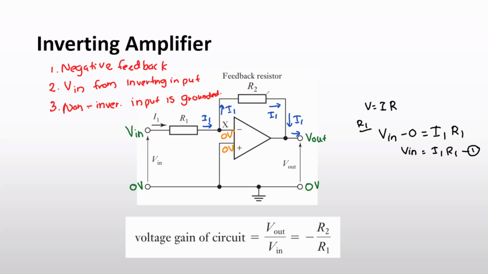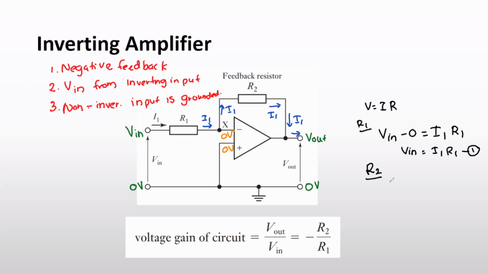Applying Ohm's law to the resistance R2, the voltages at the two ends are 0 and V out, and you can see the current flows in this direction. So 0 is greater than V out.